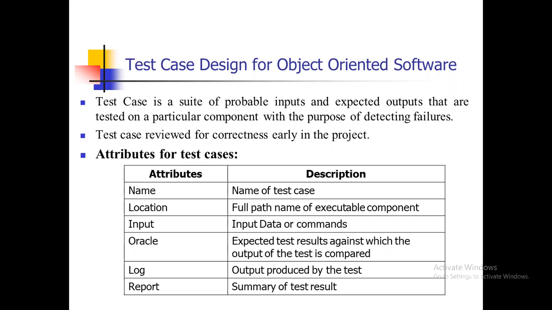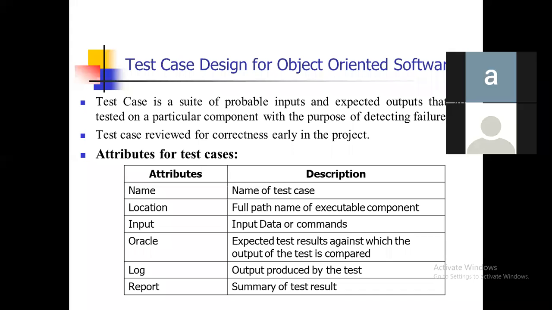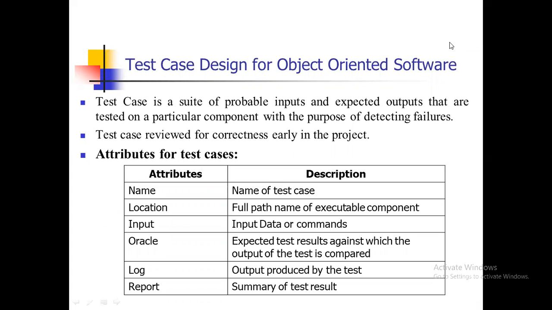These are some attributes of test cases: the name of the test case, then location, that is the full path name of the executable component, then the input data or commands, then oracle, that is the expected test results against which the output of the test is compared. We are expecting some result based on the inputs, and we compare the expected result with the actual result that we get.